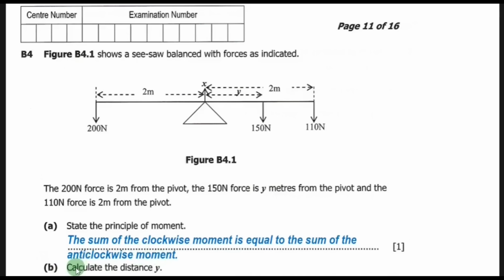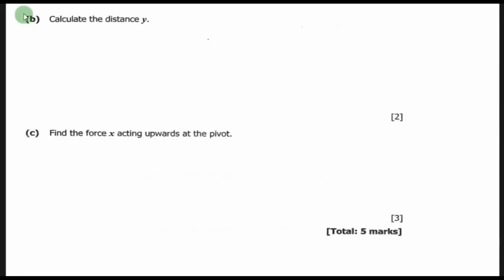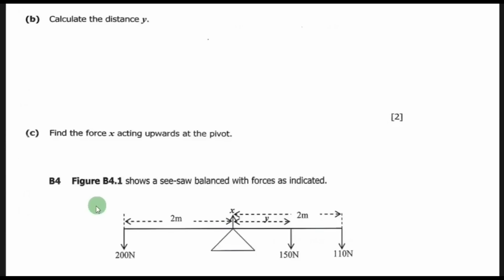The sum of the clockwise moments is equal to the sum of the anticlockwise moments. Then let's push this one here where they're saying calculate distance y. So we'll bring the diagram back. So they're saying we calculate this distance y here.